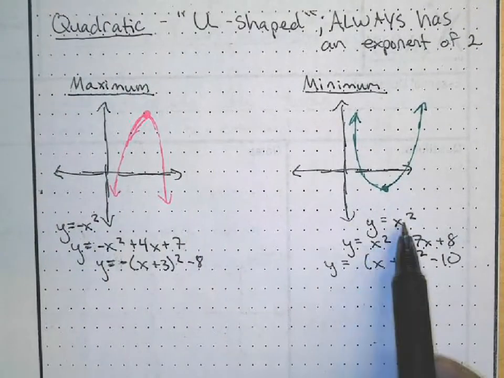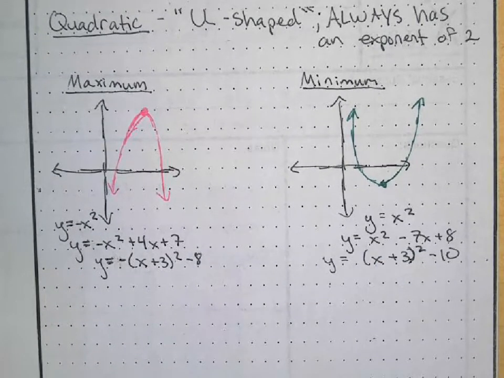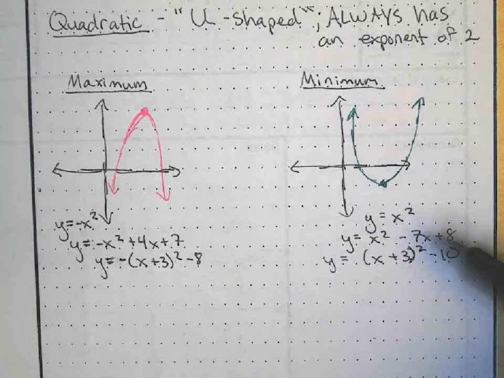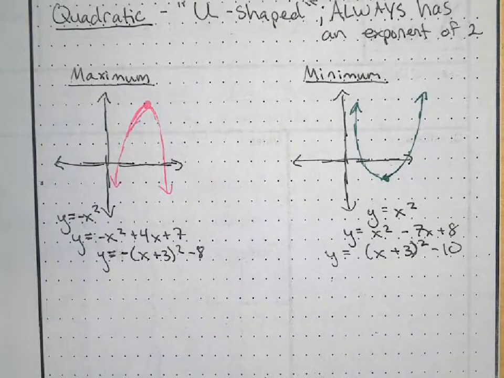As long as that x squared part is positive, we have a quadratic with a minimum. But most importantly, what we want to remember is that a quadratic always has an exponent of 2. If you see that the highest exponent is 2, you know you're dealing with a quadratic.